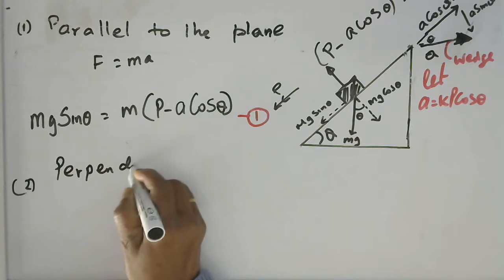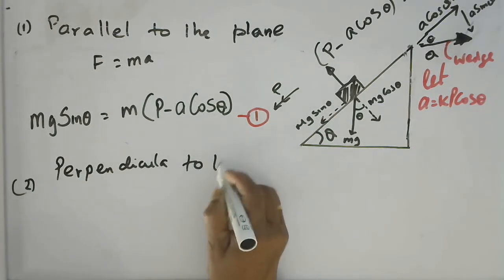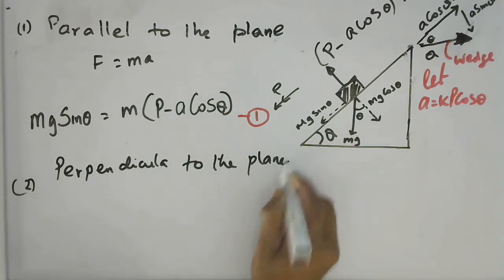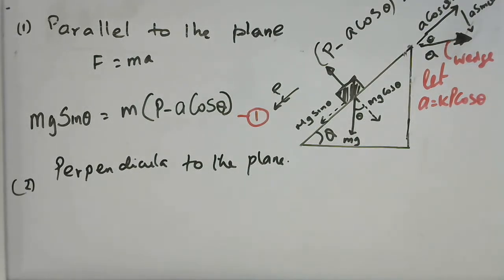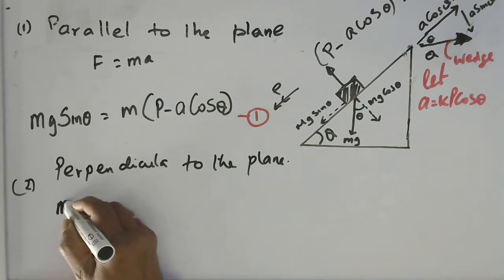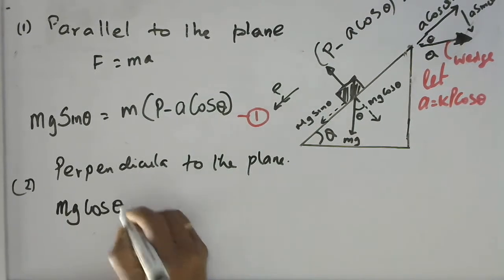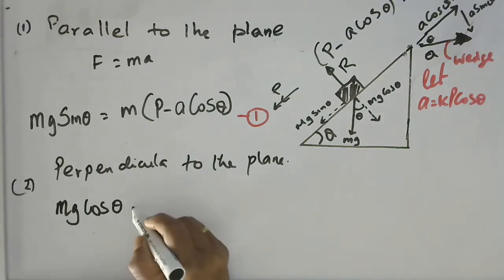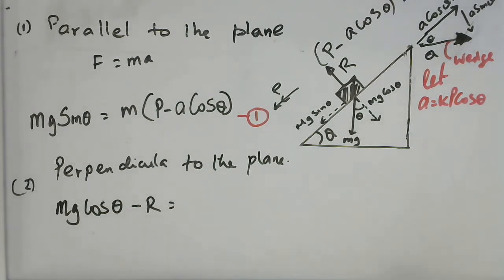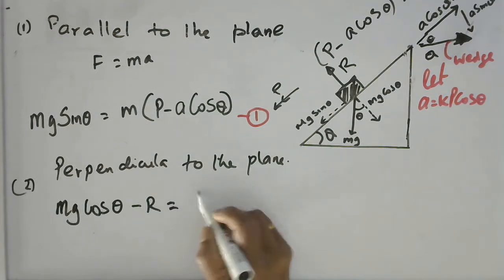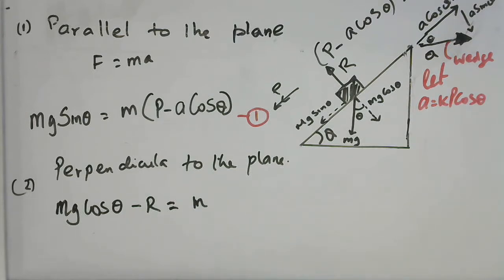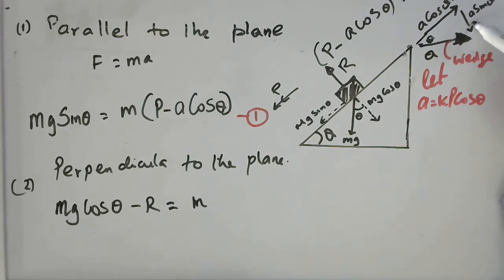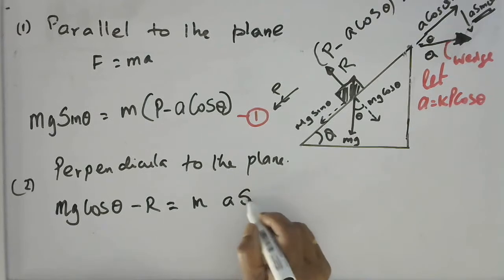In this case, we have mg cos theta, and the normal force acting in this direction is R. So R equals m times, and then the acceleration perpendicular to the plane is a sine theta.